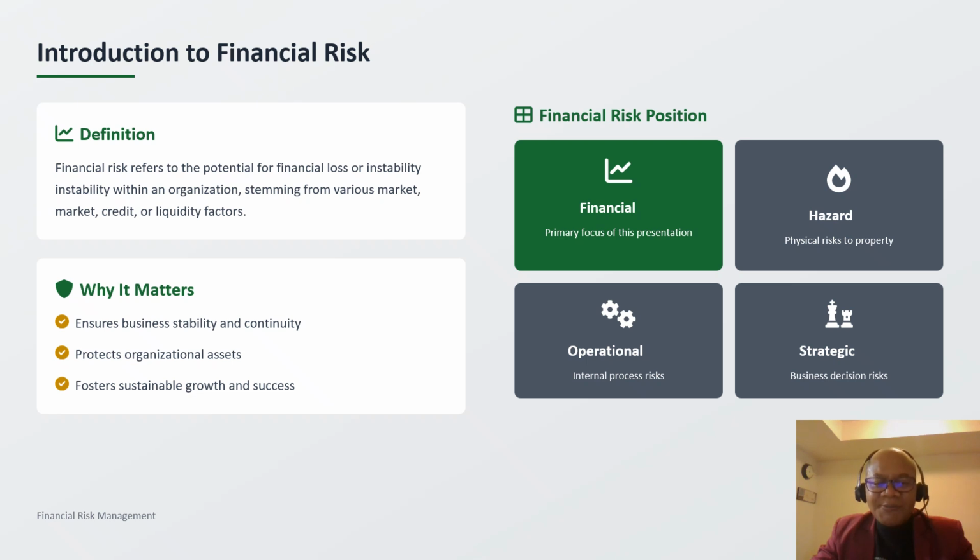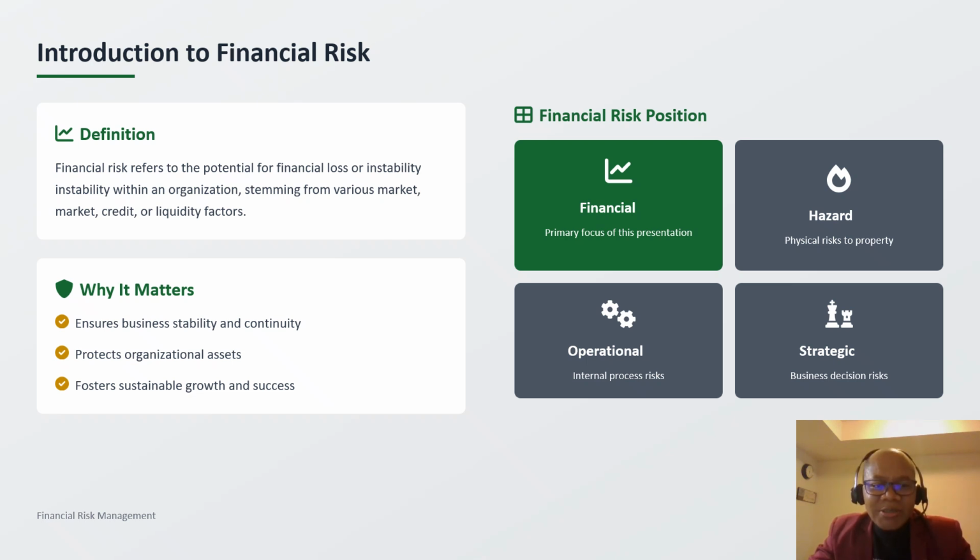Financial risk has been defined as the potential for financial loss or instability within an organization resulting from various market, credit, or liquidity factors. We are going to see those factors shortly. Why is this important to us?